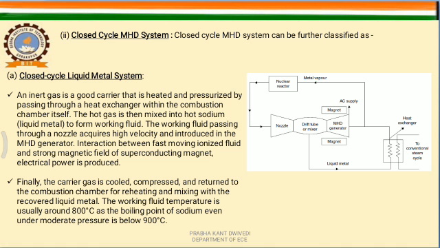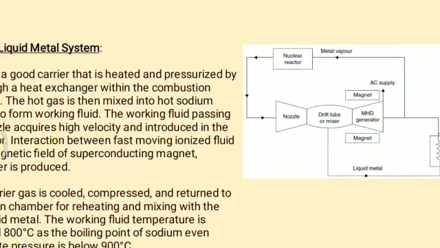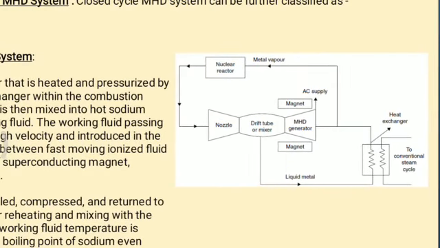The second type is the closed cycle system, which is further classified as the closed cycle liquid metal system. Its working is the same as the open cycle, but in this system the exhaust gas is not immediately discharged to the environment.